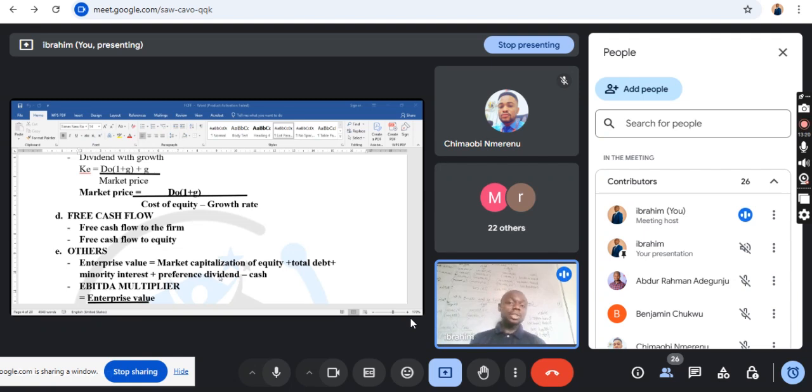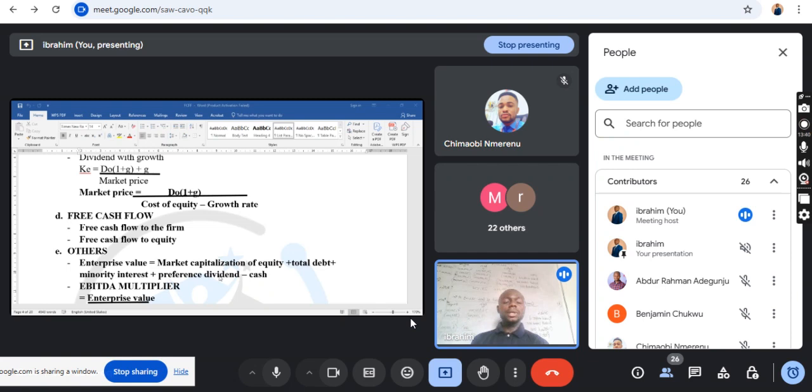So market capitalization of equity. Don't forget what market capitalization is, class. You go to the NGX, you see the market price. Let's say the market price is 5 naira per share.